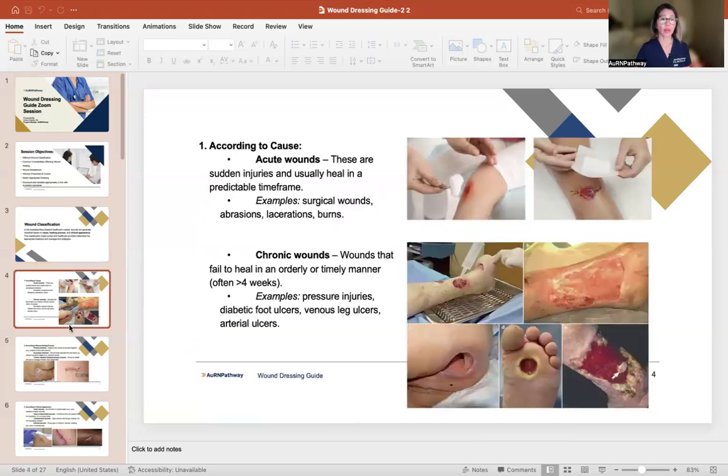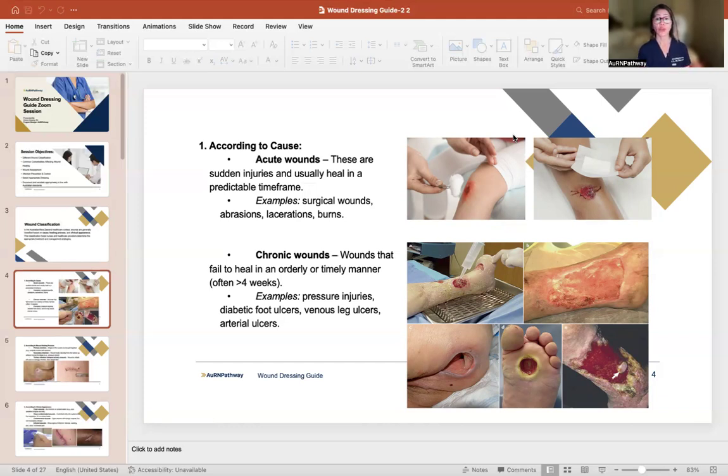In terms of wound classification, you have your acute wounds and chronic wounds. Acute wounds, as you probably know, are sudden injuries. Some good examples would be lacerations, burns, abrasions, and surgical wounds.